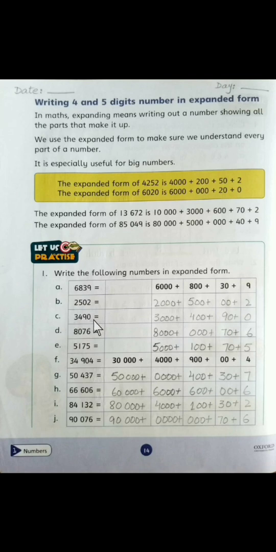Next is 3490. We name this number like 3490, and we write this number in expanded form. Here we have a 0 in the tens column, so we have to write 0 in the tens column. So we have to write 3000, 400, then 90 and 0.